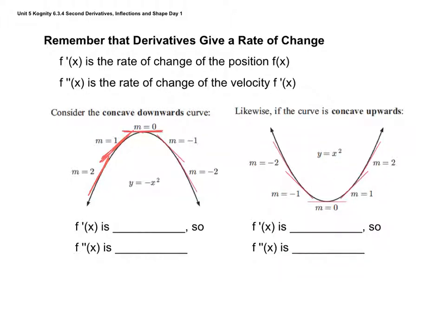Now it reached 0. Now it's actually -1, and now it's -2. So as we go from left to right, F prime is decreasing, okay? It went from 2 to 1 to 0 to -1 to -2. It's decreasing.